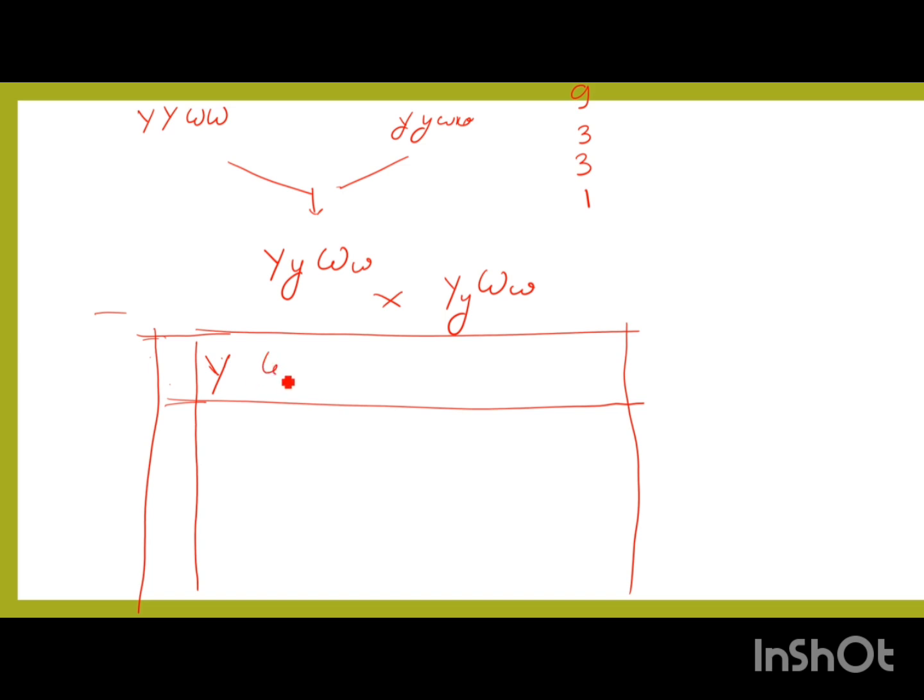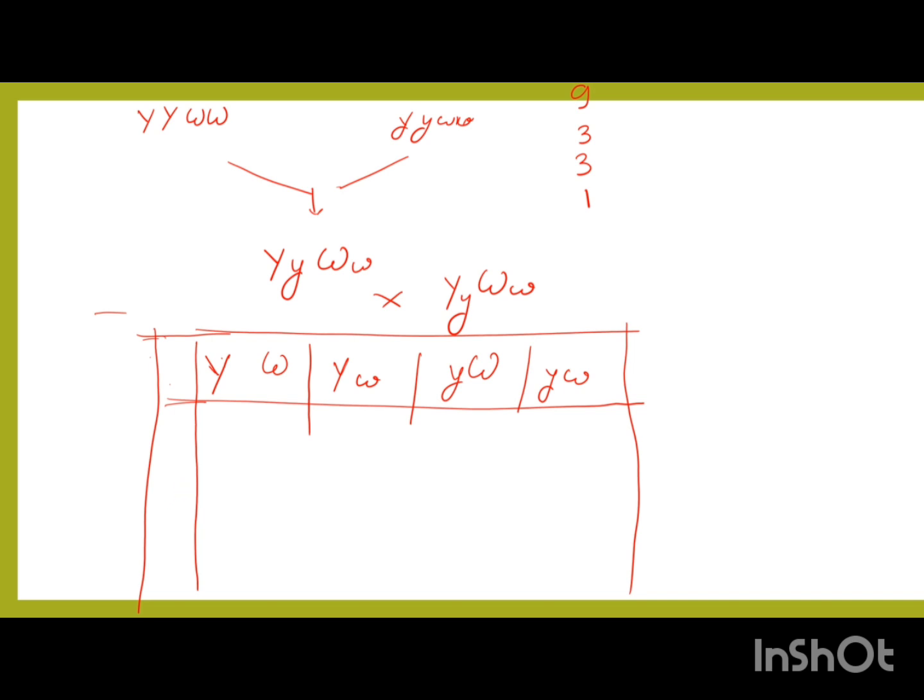With capital Y we will get capital W, capital Y with small w, small y with capital W, and small y with small w. These are the 4 types of gametes which we'll get in case of male and in case of females, because it is selfing.